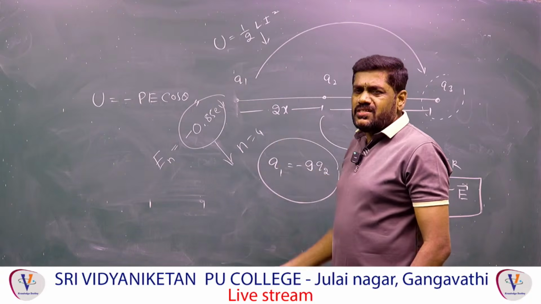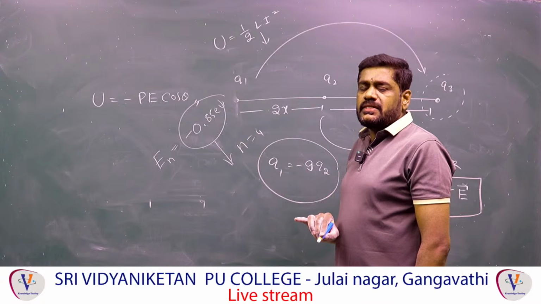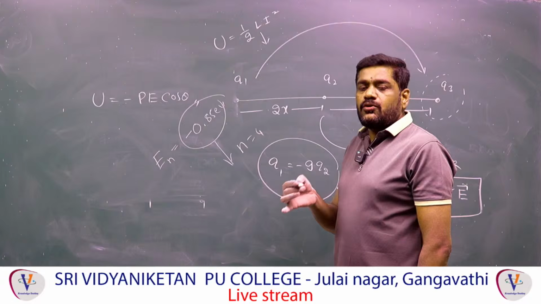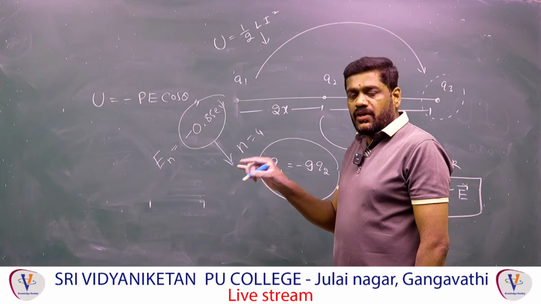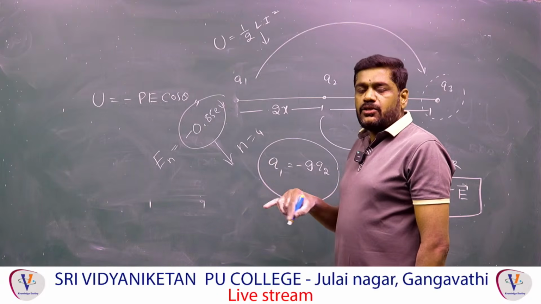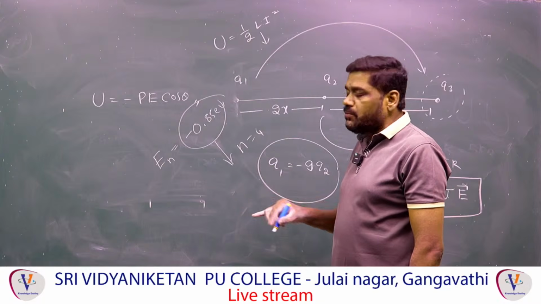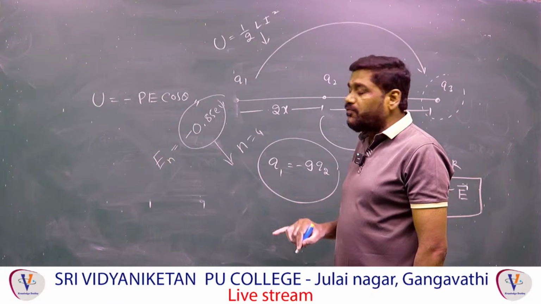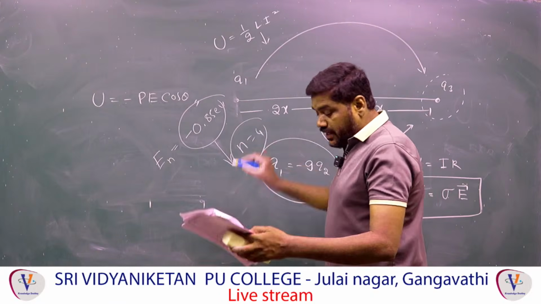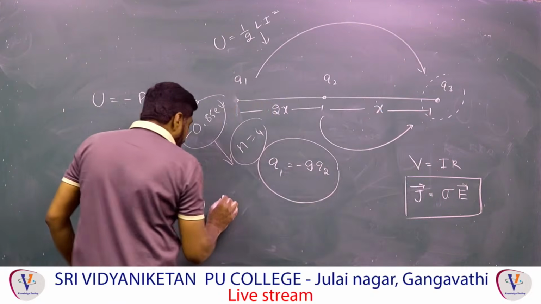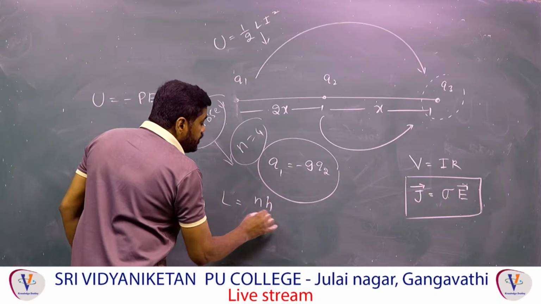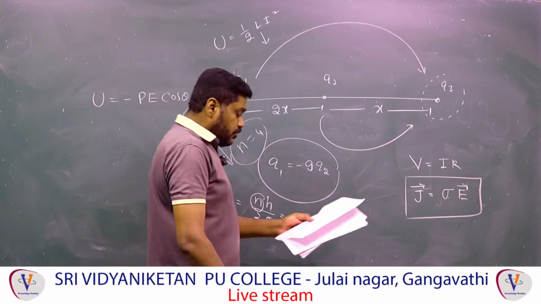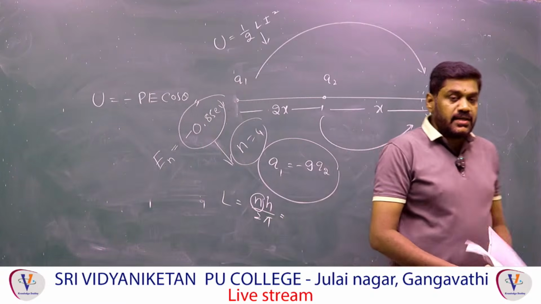Energy minus 13.6 electron volt is for the first orbit, minus 3.4 electron volt is for the second orbit, minus 1.5 is for the third orbit, and minus 0.85 is applicable for the fourth orbit. So n is equal to 4, and the formula is L is equal to nh by 2 pi. With n equal to 4, you get 2h by pi as the correct answer.